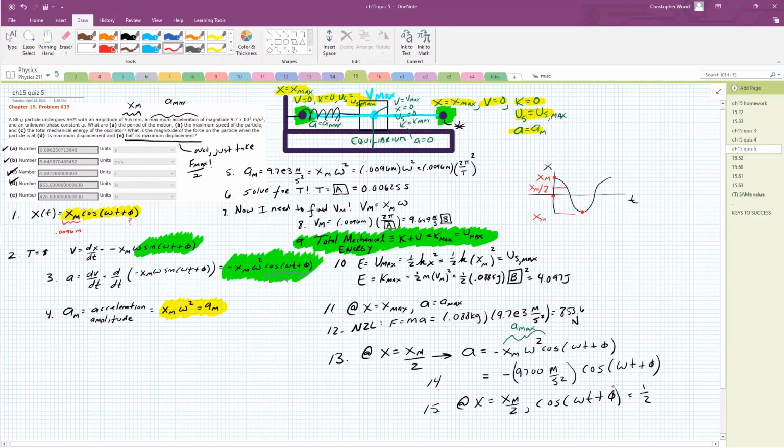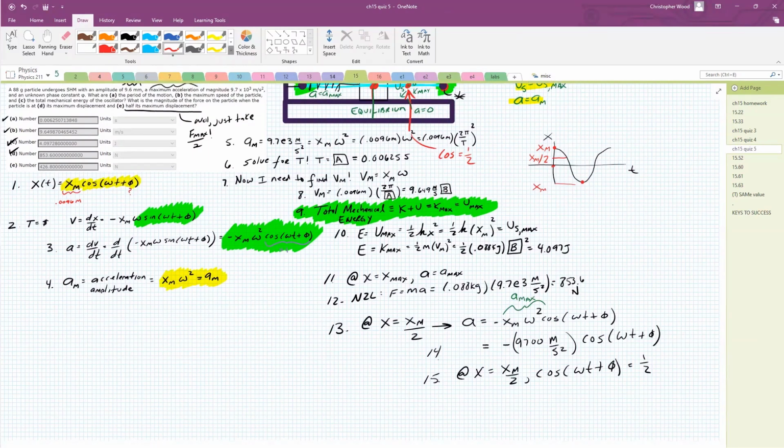So I think that's enough justification. Maybe if I show that visual: when this oscillator is halfway between X equals 0, which is this red dot, and its maximum XM, it's right here, and this corresponds to cosine equals 1/2. All right, that's I think airtight enough.